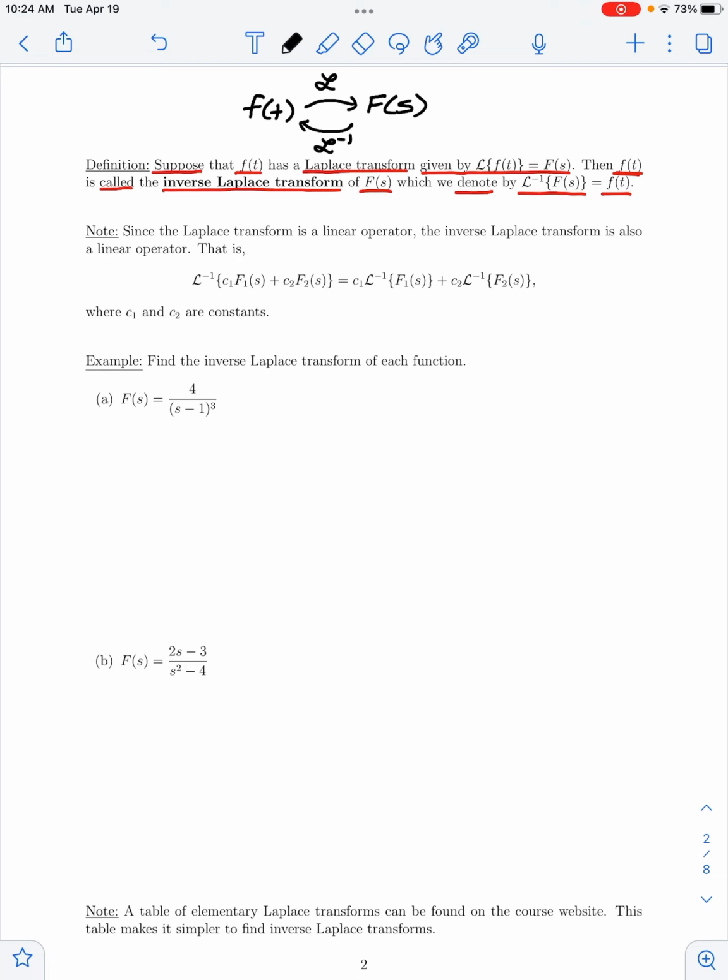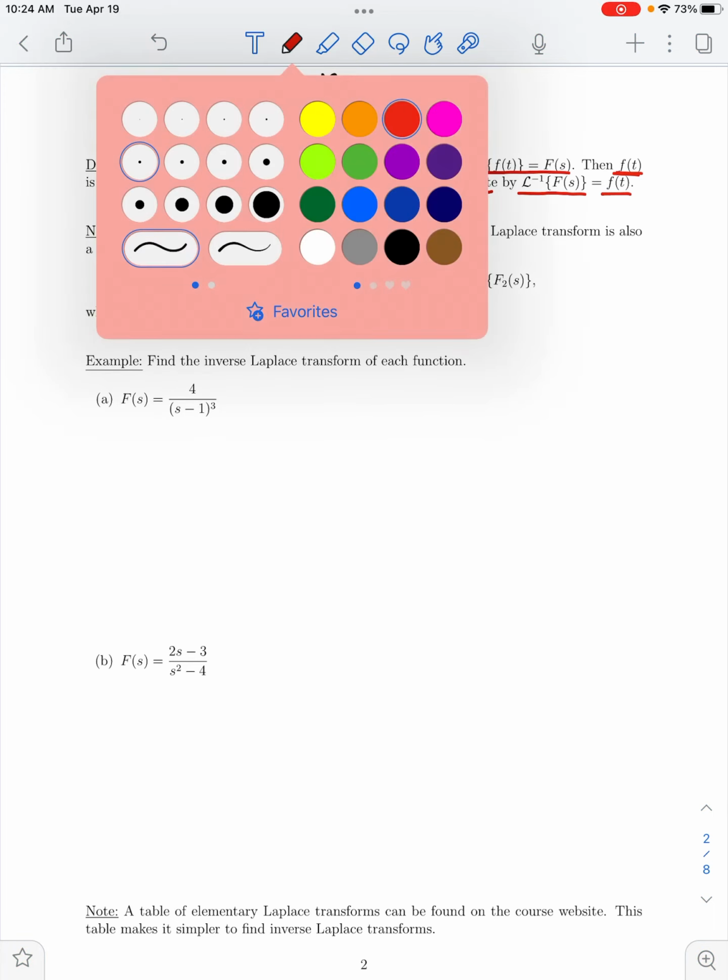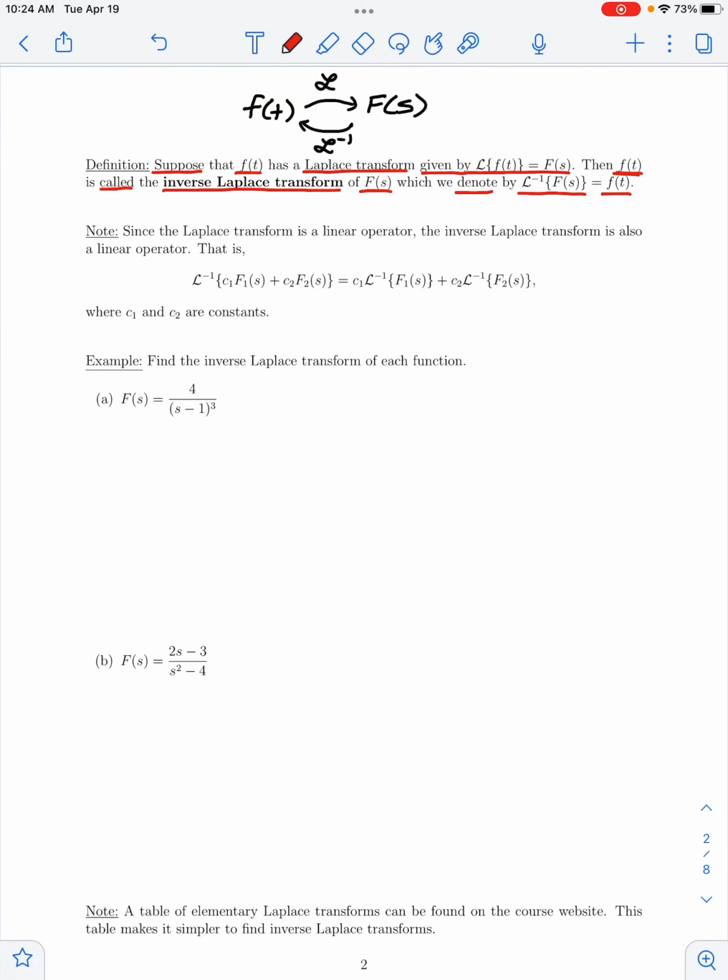And one important property of the inverse Laplace transform is that it is linear. So as a note here, since we have seen that the Laplace transform is a linear operator, we saw that at the end of section 6.1, it follows that the inverse Laplace transform is also a linear operator.